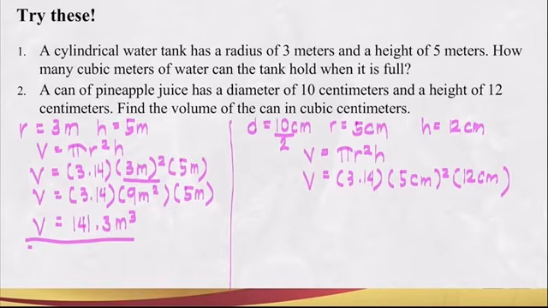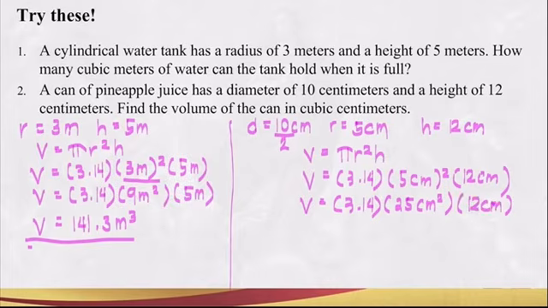Next is let's evaluate the exponent. So, copy lang natin yung ibang numbers. 5 centimeters squared, so 5 times 5 is 25. Then, centimeter squared times 12 cm.